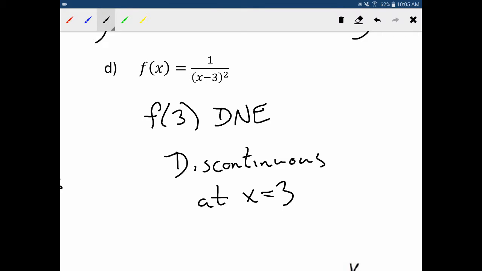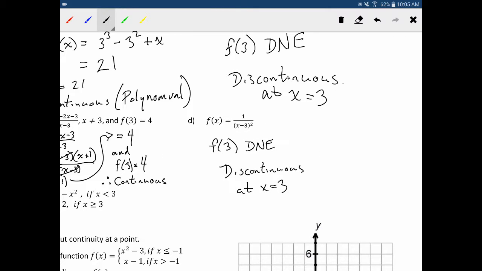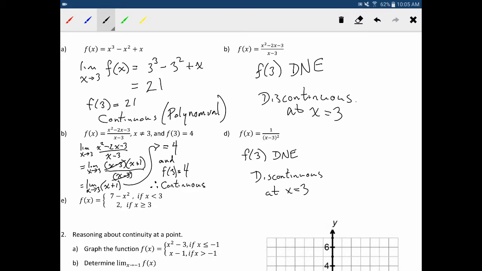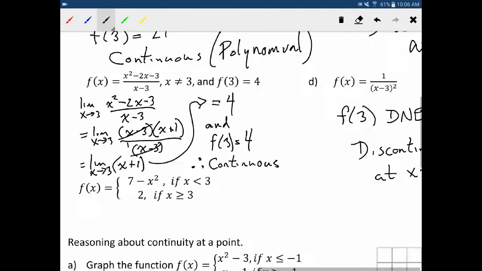Another little rule here is if you've got a polynomial over a polynomial, it is continuous everywhere except where the bottom would equal 0.